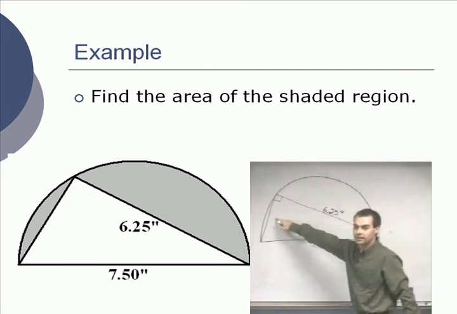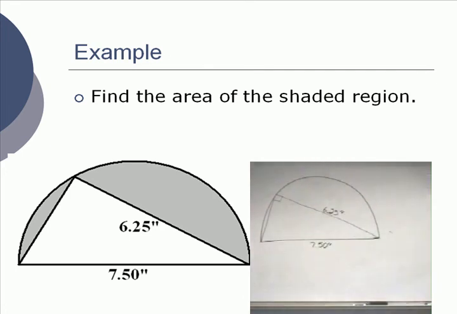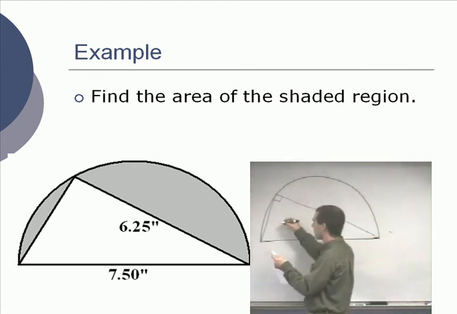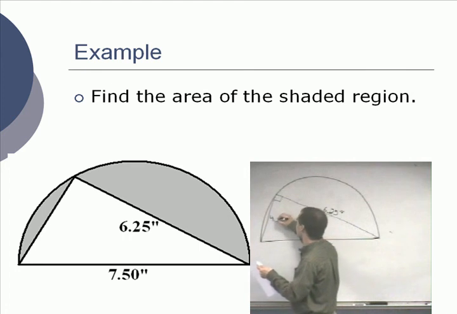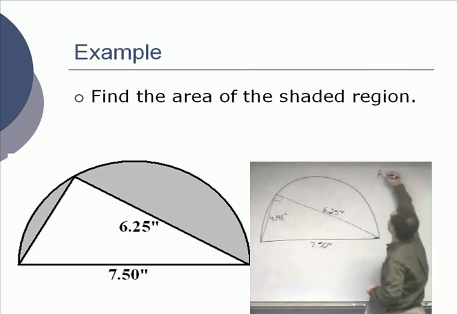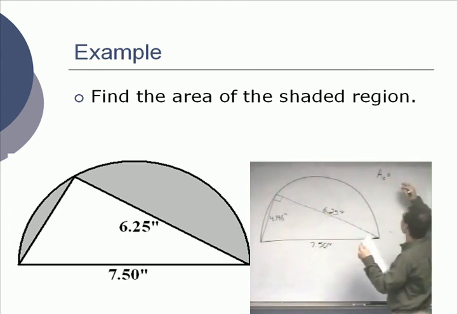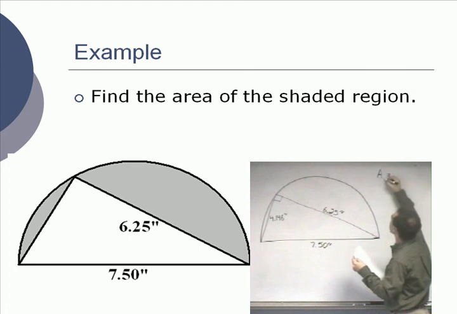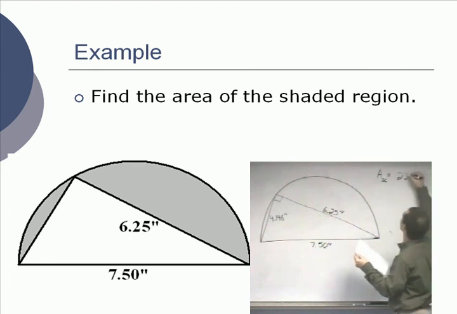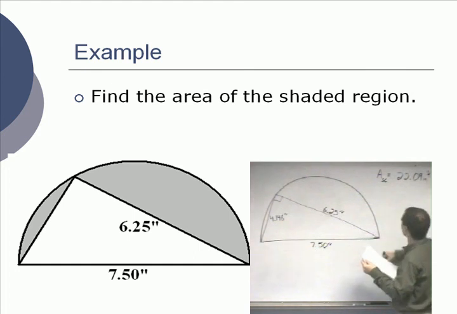What are you going to use to find that side? Pythagorean theorem. I'm just going to tell you so you can mark it down on your chart that the length of that side when you use the Pythagorean theorem is 4.146. The area of the circle, if you do the math, the area of the semicircle, we'll call it SC, turns out to be 22.09 inches squared.